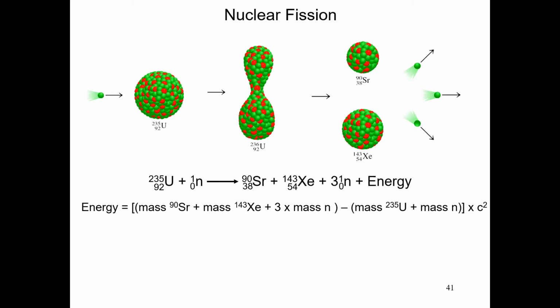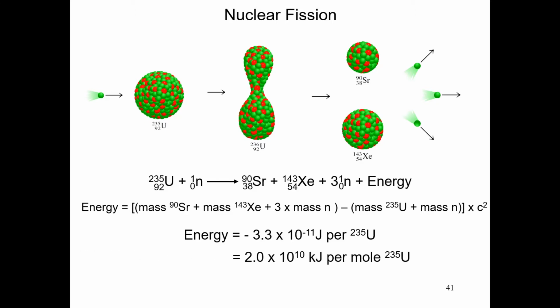This would be the mass defect, and you multiply times the square of the speed of light, and you can calculate the amount of energy that can be released here. You could say this is joules per unit, but let's talk about kilojoules per mole. We're talking about 2 times 10 to the 10th kilojoules per mole of uranium-235.